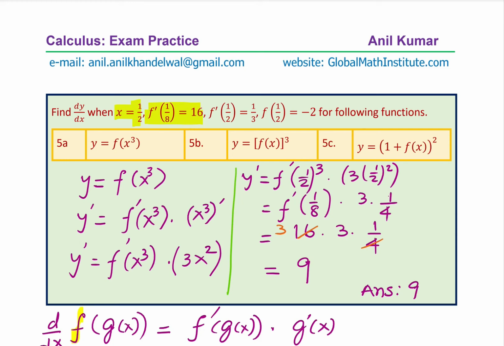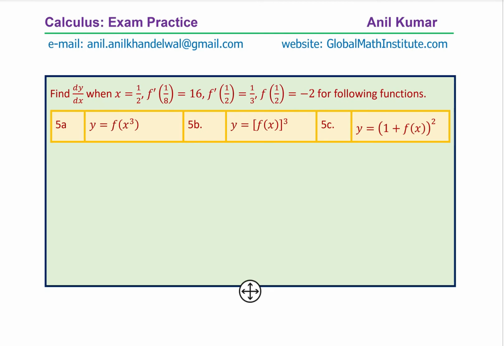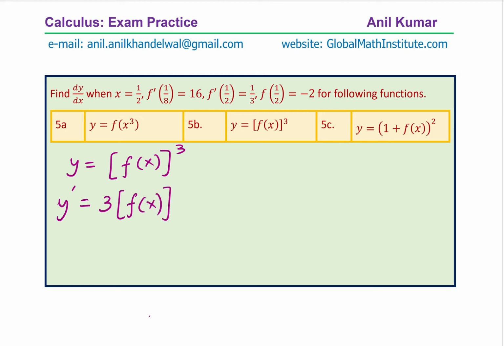Now let's take up part B. Part B is given to us as y equals f of x whole cube, right? So we'll apply the combination of the power rule and the chain rule. y prime will be 3 times f of x whole square times the derivative of the inside function, which is f prime of x. Correct?